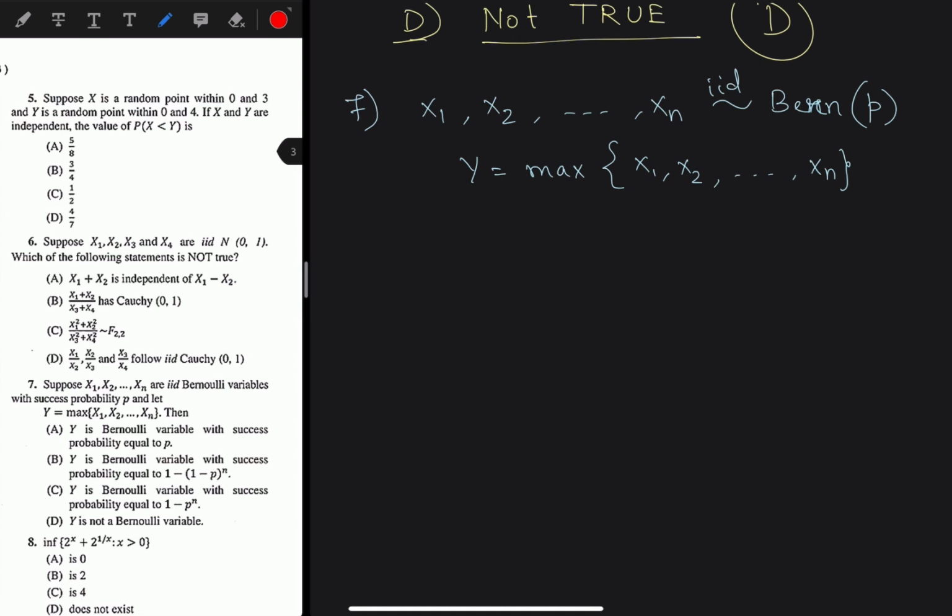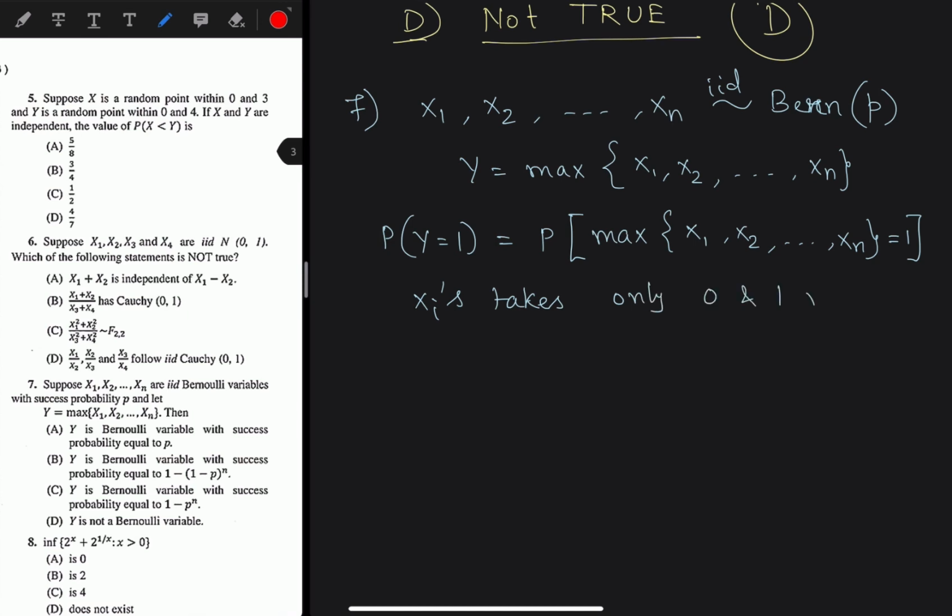Success probability means the probability of y equal to 1. Probability of y equal to 1 means the max of x1, x2, xn will be equal to 1. Now all the xi's take only 0 and 1 values.